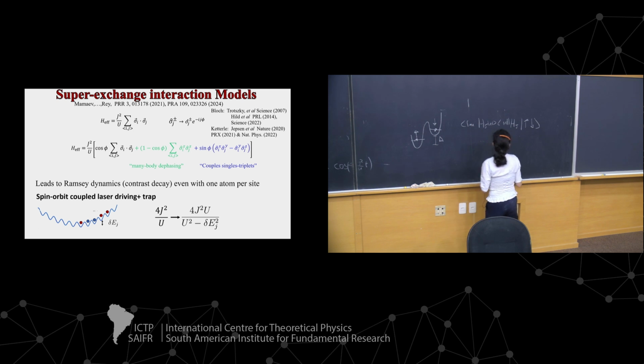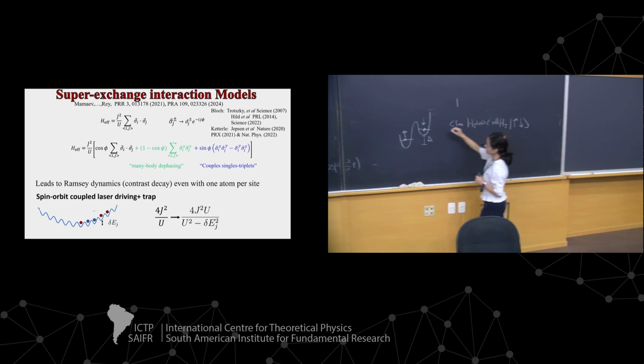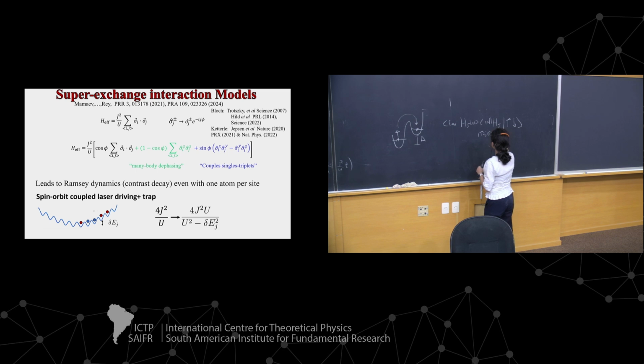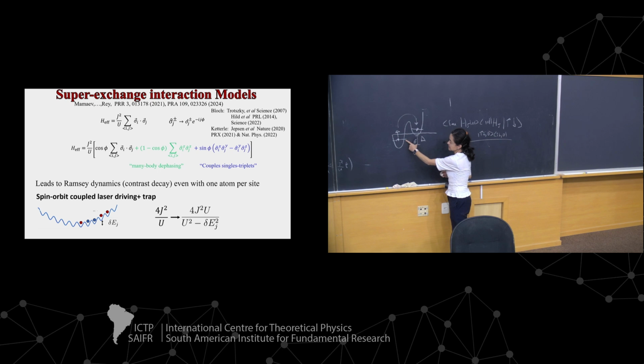So when this atom is going to tunnel here, what is the intermediate energy? The intermediate state is going to be the state up, down, 0. This state is going to have energy what? If this has energy plus delta, this has energy minus delta.